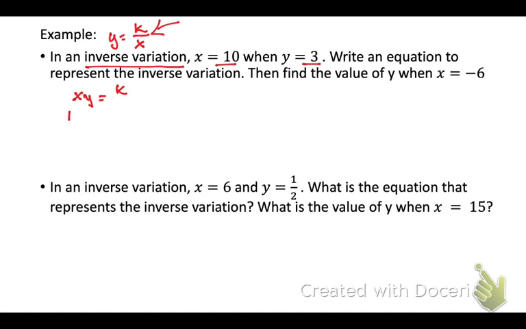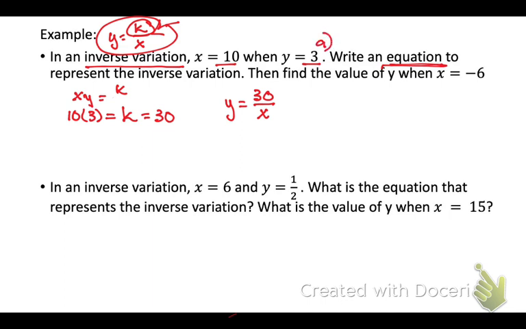So now I just need to plug in x and y, right? So I have 10 times 3, 30, equals k, which equals 30. It says write an equation, doesn't it? So I'm going to take my equation and fill in k. So y equals, what's k? 30 over x. So did we find an equation? Yeah. Okay, so we got the first part.